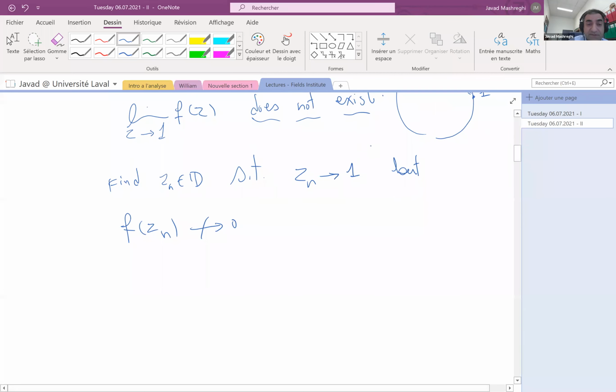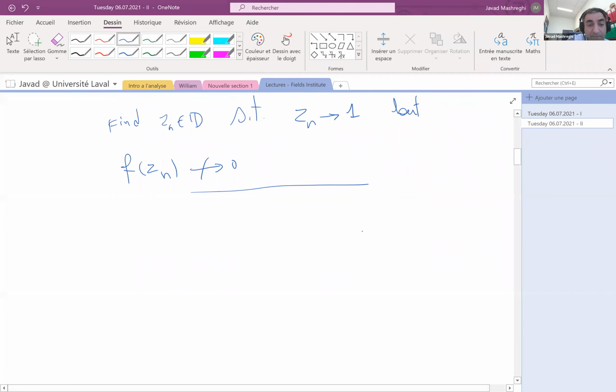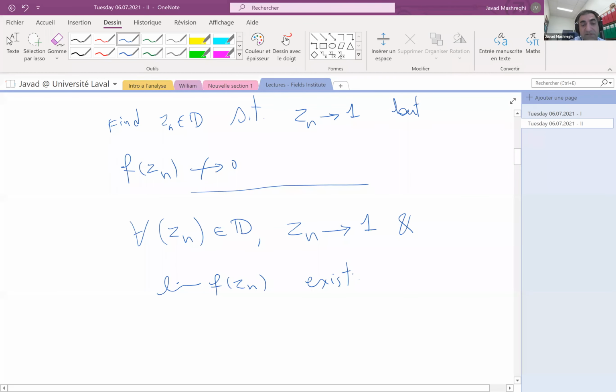You can ask this question: well, the limit doesn't exist, but consider all sequences z_n in D such that z_n goes to 1 and the limit of f of z_n exists, as n goes to infinity.